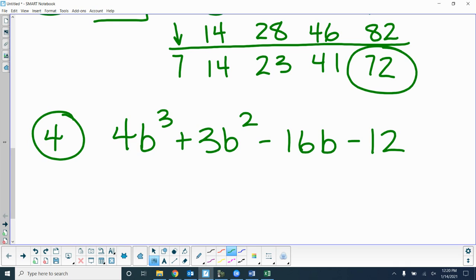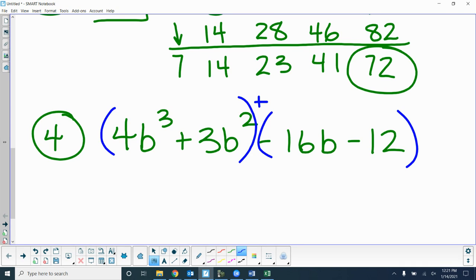A grouping problem. And when we group 2 at a time, first 2 and last 2, if this third term has a minus in front of it, like this one, put it inside the second group.